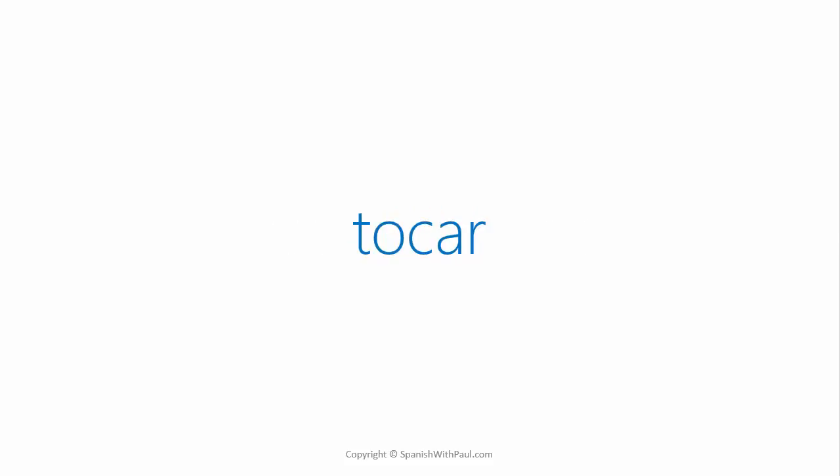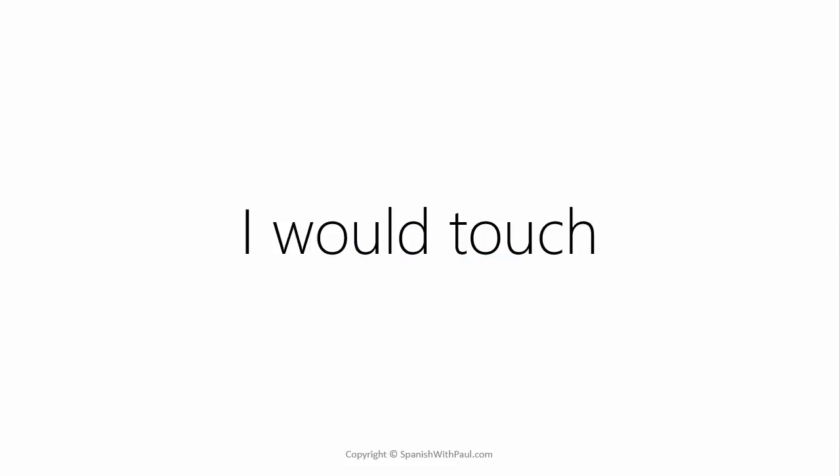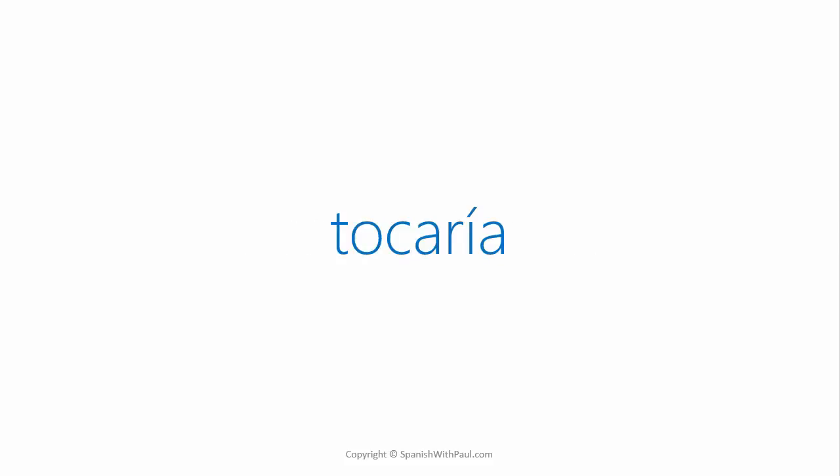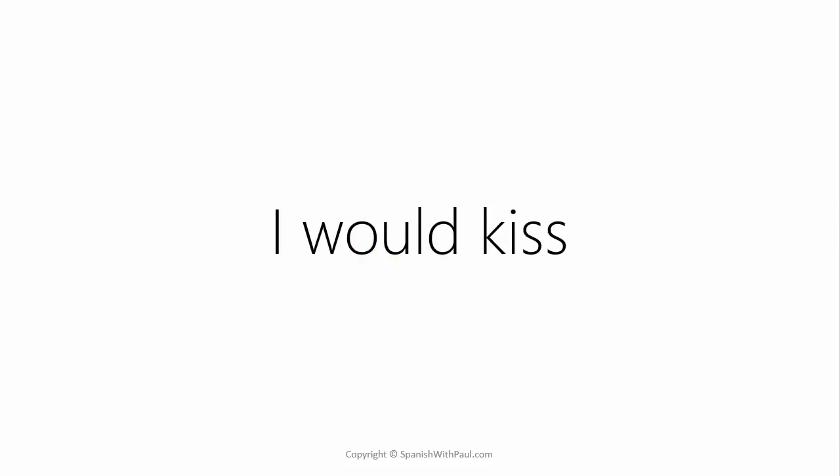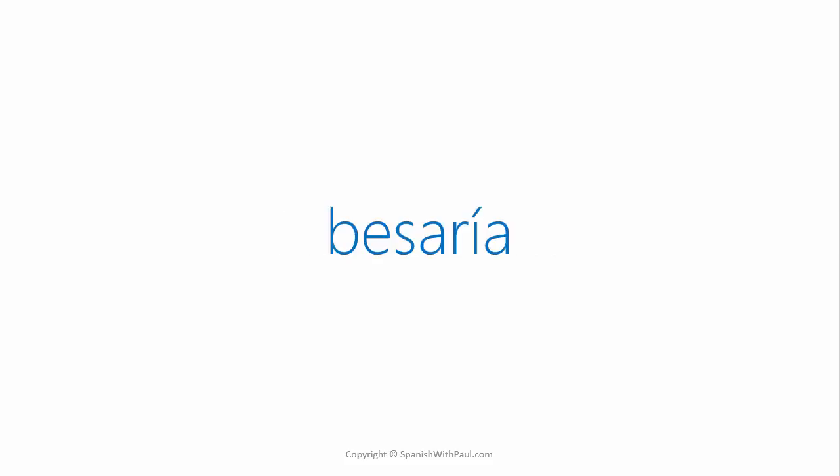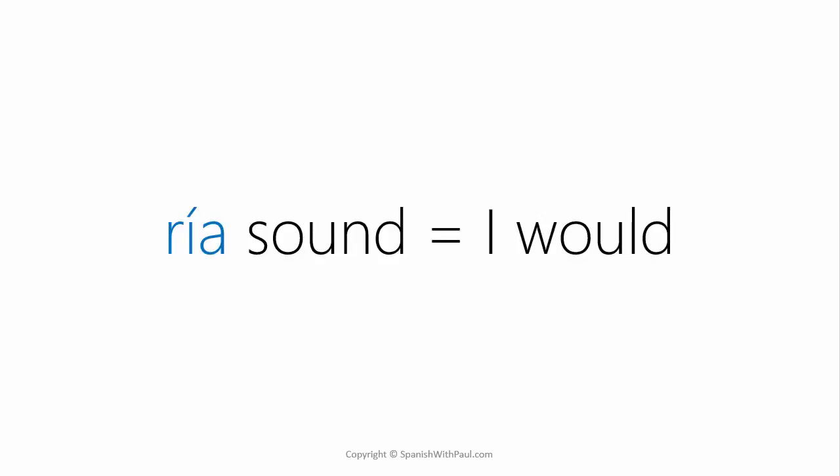Try this one. We have tocar, which is to touch. How would you say, I would touch? Tocaría. We have besar. How would you say, I would kiss? Besaría. So key points to take away from this video.